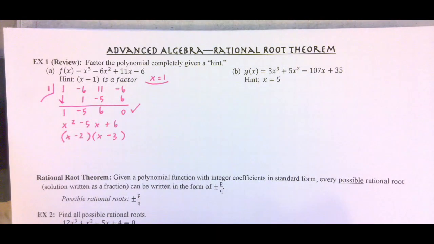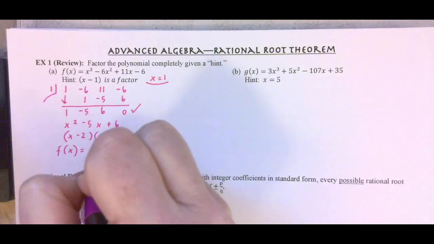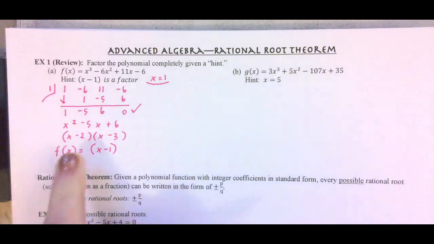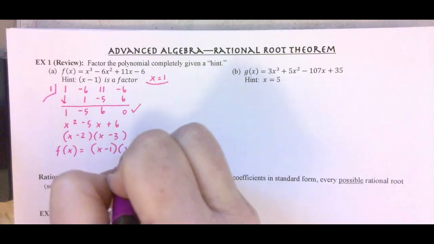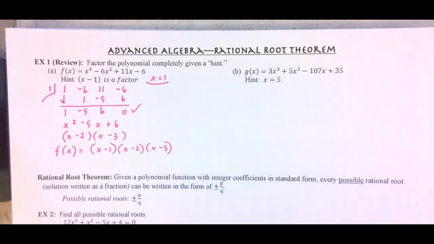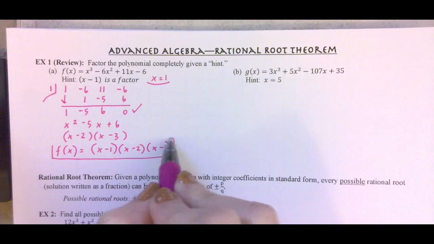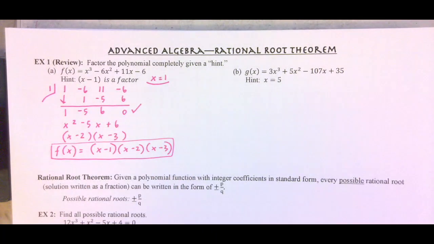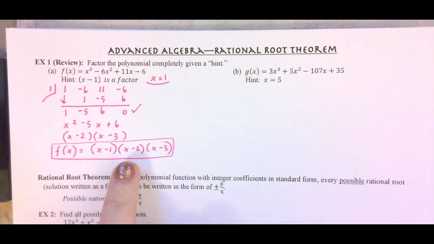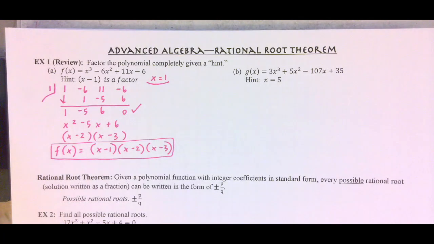So now if I want to write out the full factorization, I have f of x is equal to that first factor that I divided out, and then I also have the x minus 2 times x minus 3. So fully factored, and then I'm able to see how I can graph that, because I have x-intercepts at (1, 0), (2, 0), (3, 0), and I know that it's a positive cubic. So I know exactly how I would move forward and graph this.